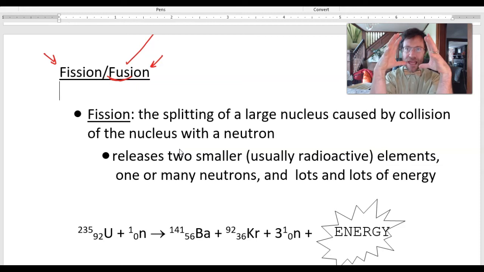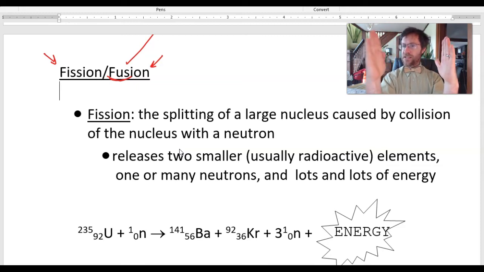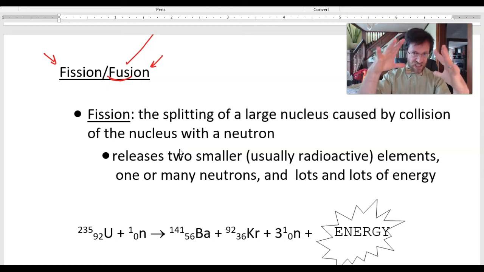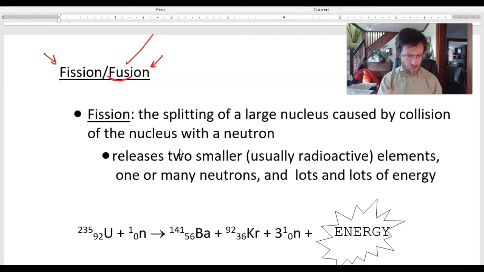It's so big that the strong force coming out of the nucleons on one side can't necessarily reach the other side. It's almost outside the range of the strong force, so it's just this huge, unstable thing, waiting to explode.